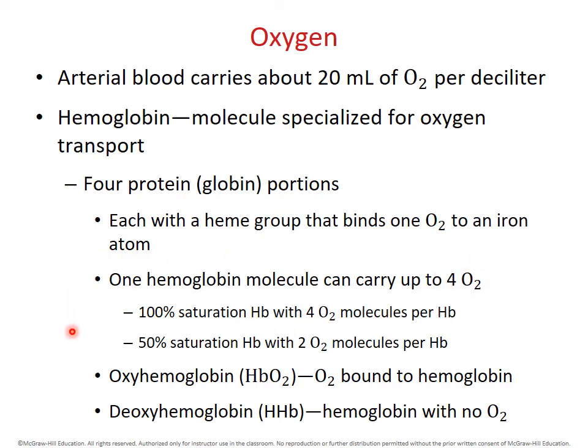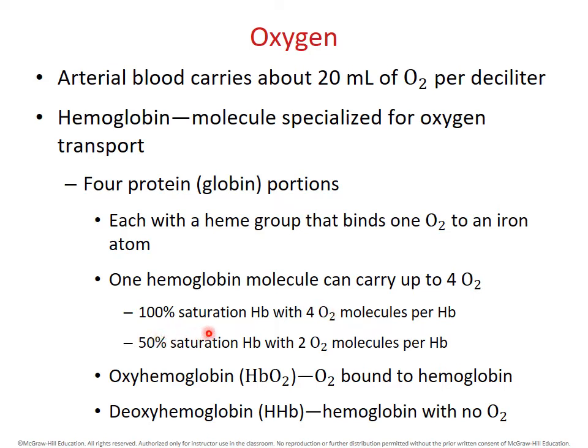Something we mentioned when we first talked about hemoglobin is that it doesn't always have to carry 4 molecules of oxygen. Sometimes it can carry only 3, sometimes 2, sometimes 1. So it exists in different states of what we call saturation. A hemoglobin molecule that contains 4 oxygen molecules, we say, is 100% saturated with oxygen.